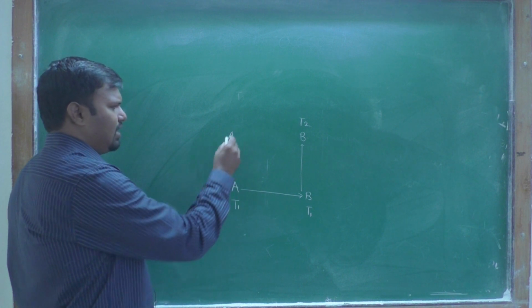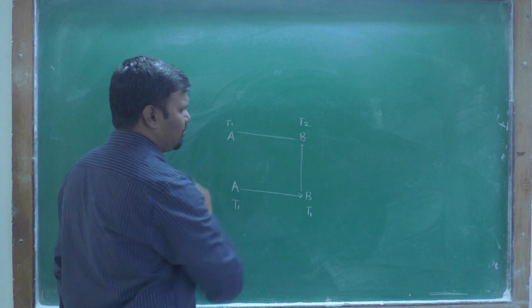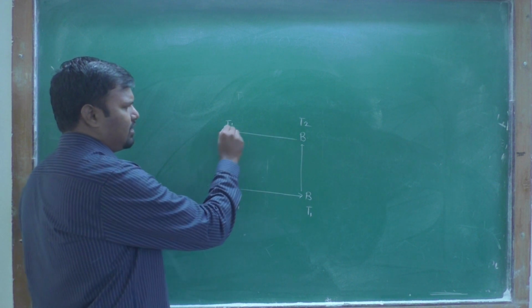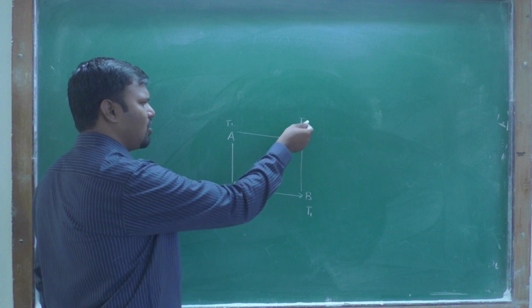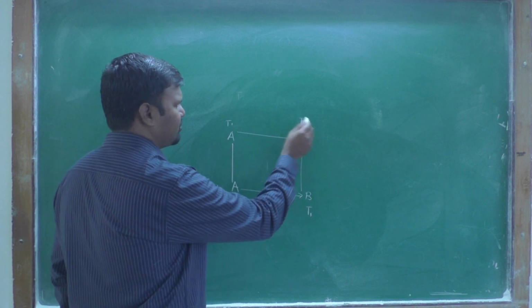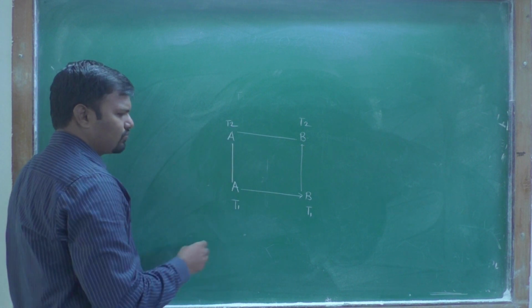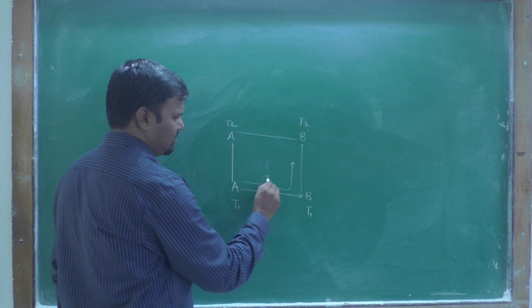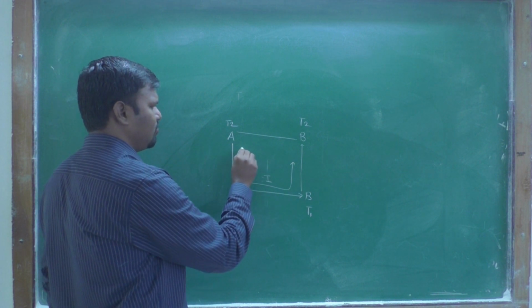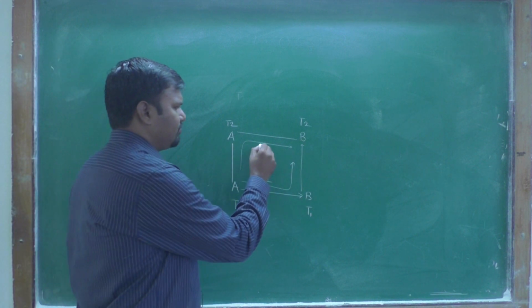In the second route, A at temperature T1 absorbs energy, its temperature becomes T2, and then it gives the B product at T2. The first route is like that, and the second route from A to B is shown like that.